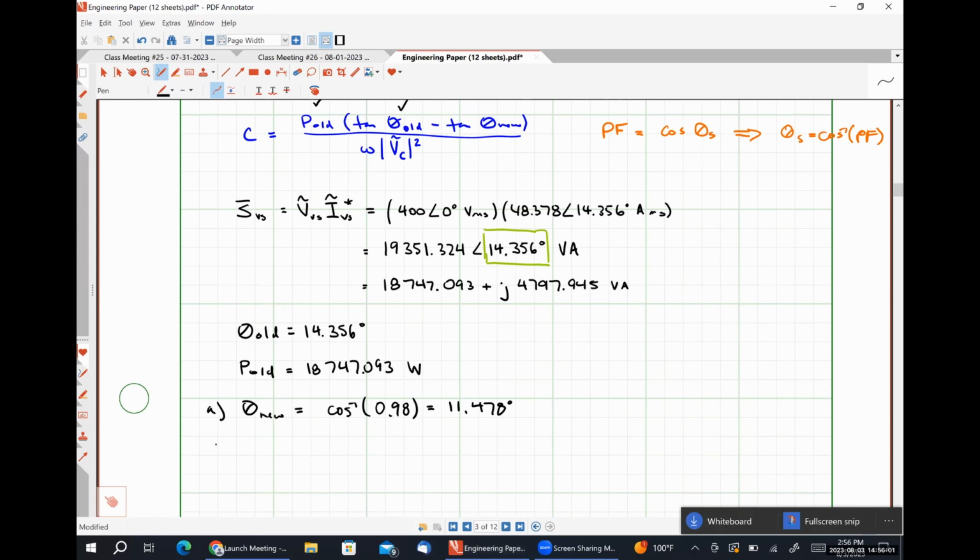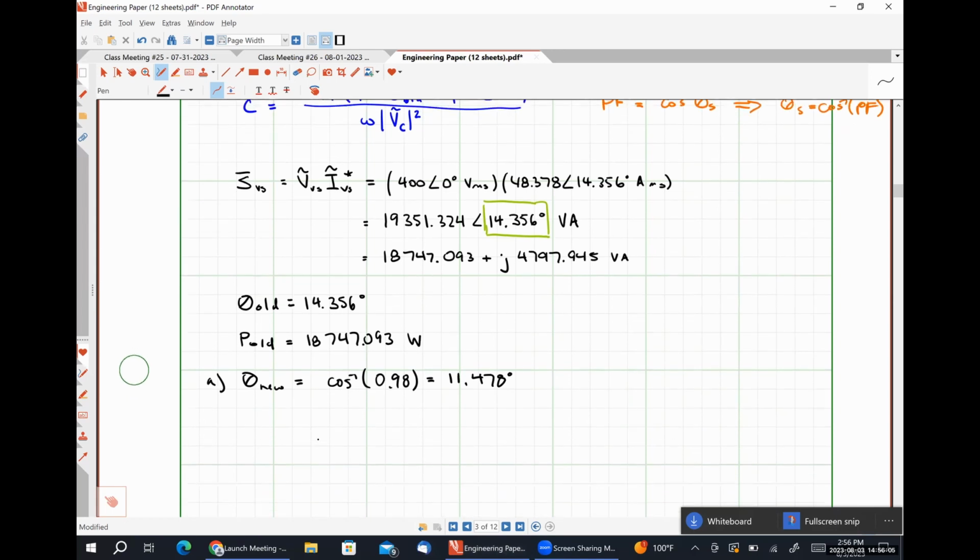For part B, theta nu would be the exact same thing, the inverse cosine of 0.98, but we have to include a negative sign in order to force the angle to be negative, because the inverse cosine operation on our calculators will only return a positive angle.